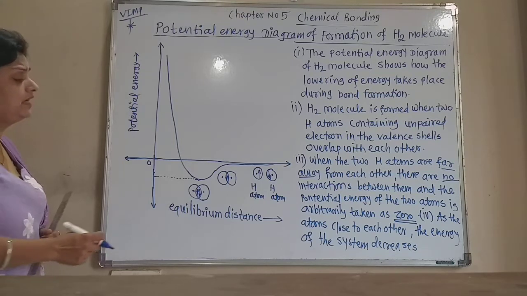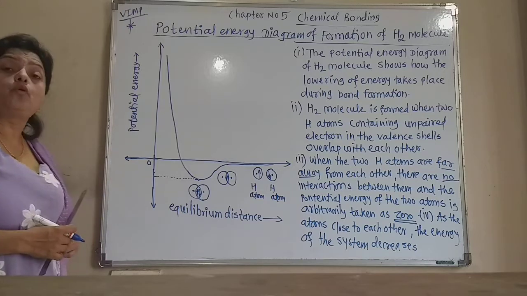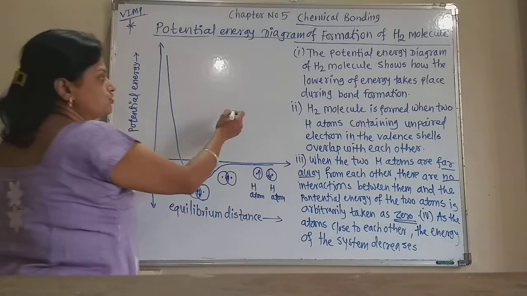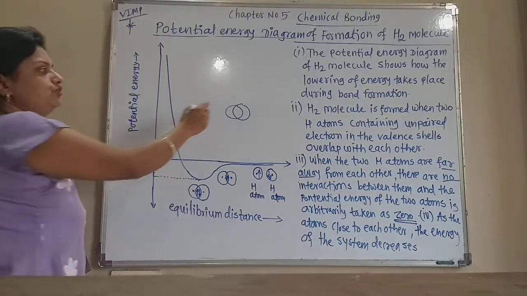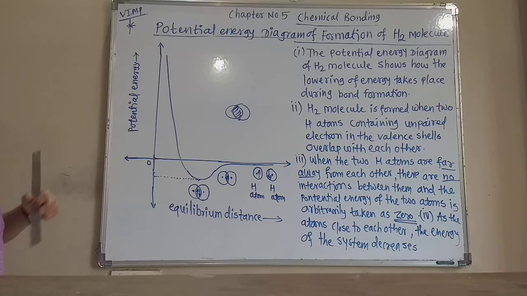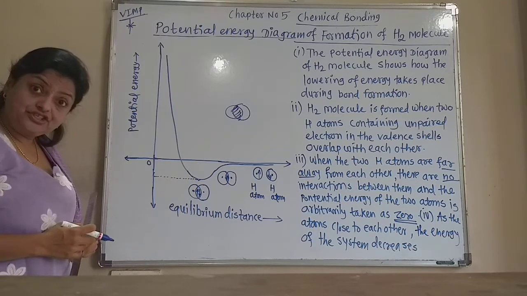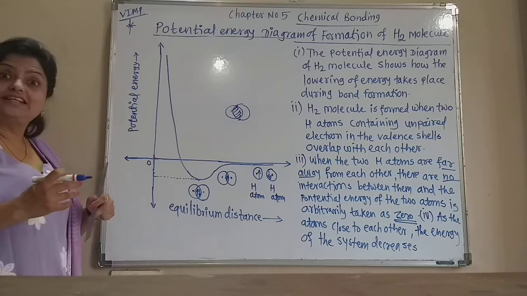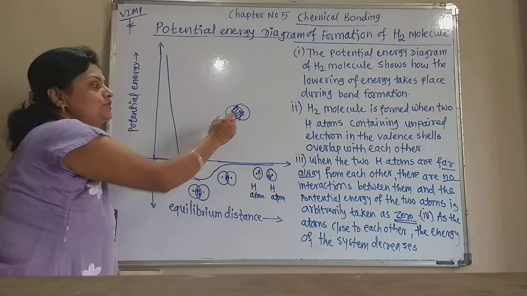But if we again increase the extent of overlapping of these two atoms, suppose they overlap with each other in this way, the extent of overlapping is greater, then if we force them to overlap to a greater extent, what happens? There is repulsion between the two nuclei, because the nuclei come closer and closer.